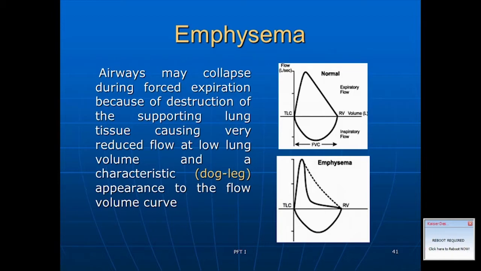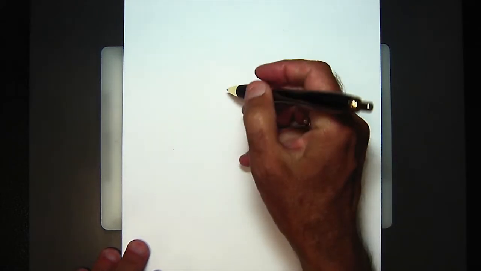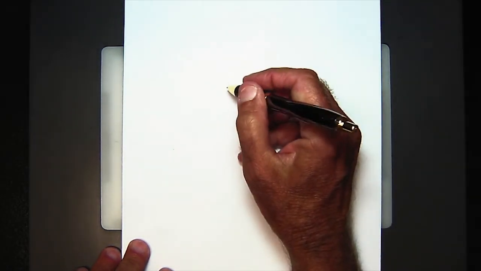This is your classic emphysematous patient. Again, you can see that the airways collapse during a forced expiration. If we look at a picture of that, we see that in an obstructive pattern.